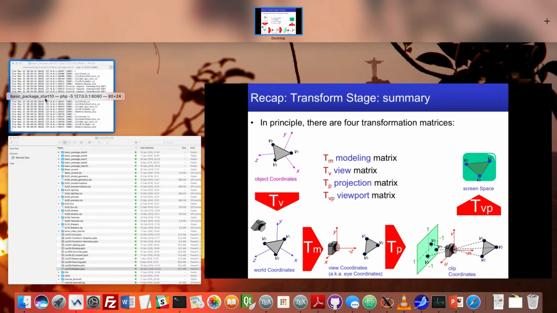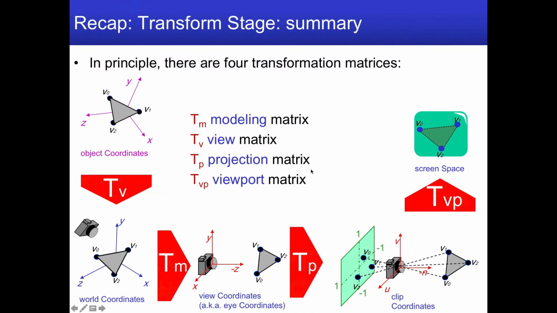Here we have the pixels, and the vertex shader is the program which is executed for each vertex. So what is the path of a vertex?